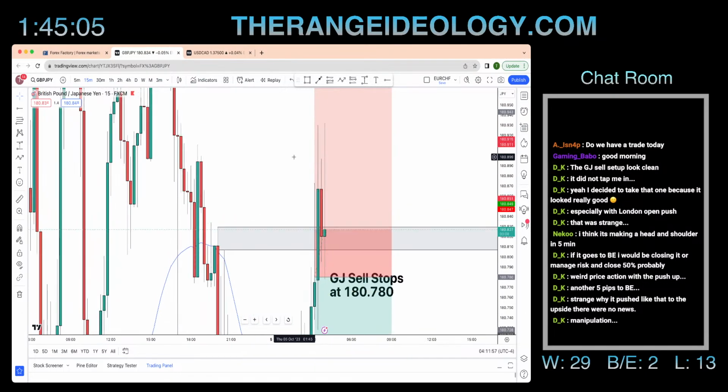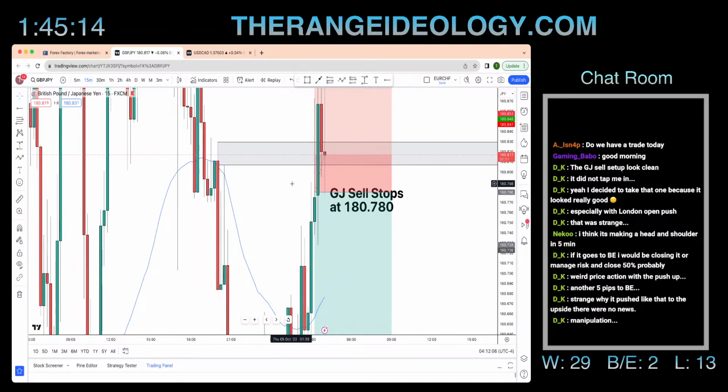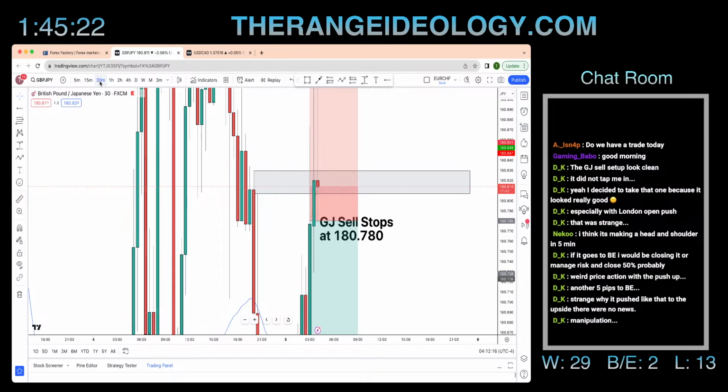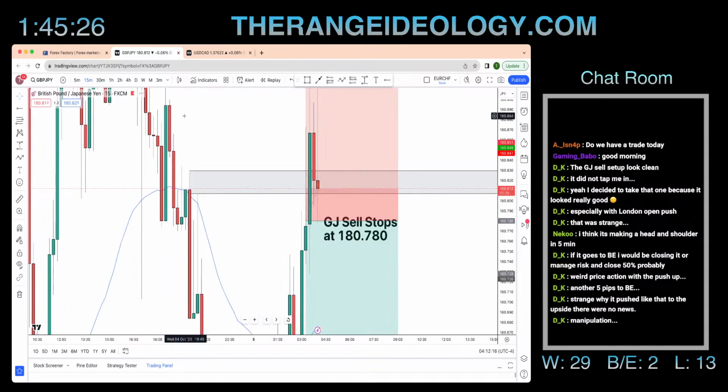Right, but you can see now there's still enough room and enough time for GJ to come all the way back up here. You can see still these bullish jumps that it is doing, right? But let's see. Could we get a bearish close on the 50-minute candle?